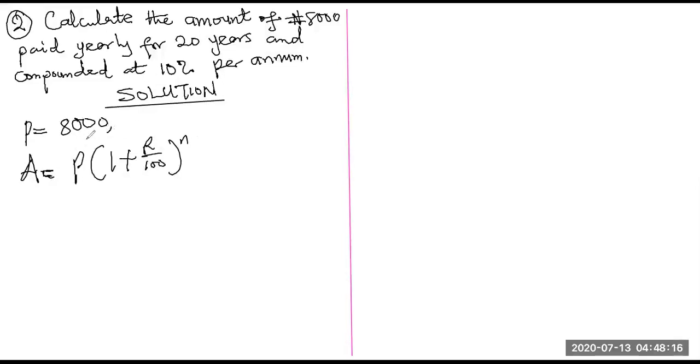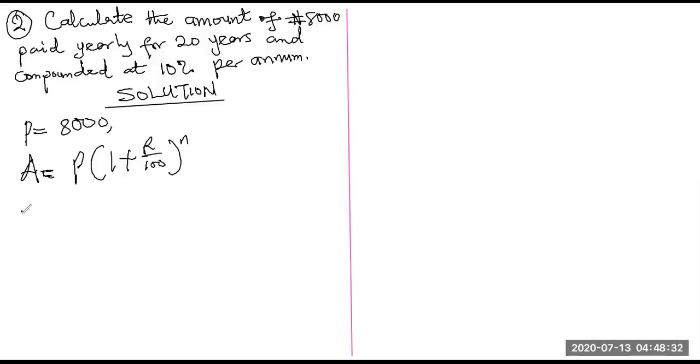So at the end of the first year, when this money comes in, you can only compound this money for 19 years, because you want to do the projection at the end of the 20th year. But this money came in at the end of the first year, so you can only compound it for only 19 years.